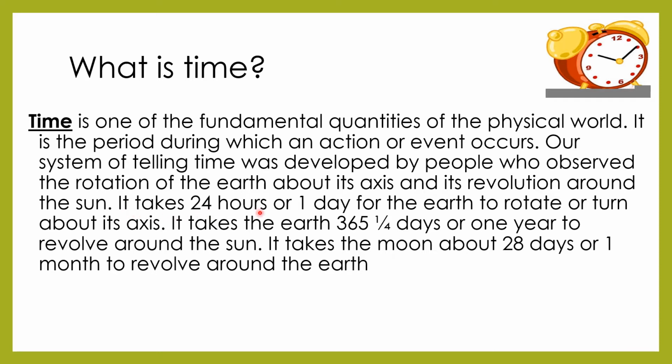It takes 24 hours or one day for the Earth to rotate about its axis. It takes the Earth 365 and one-fourth days or 1 year to revolve around the Sun. It takes the Moon about 28 days or 1 month to revolve around the Earth.